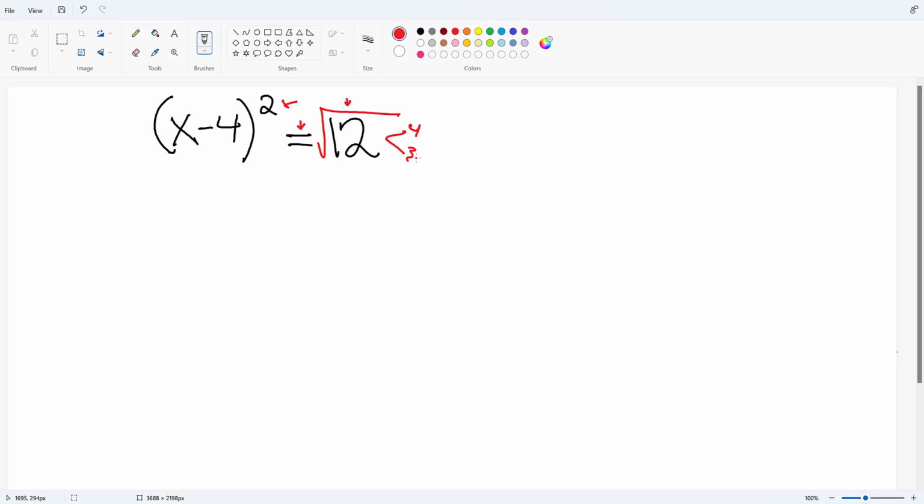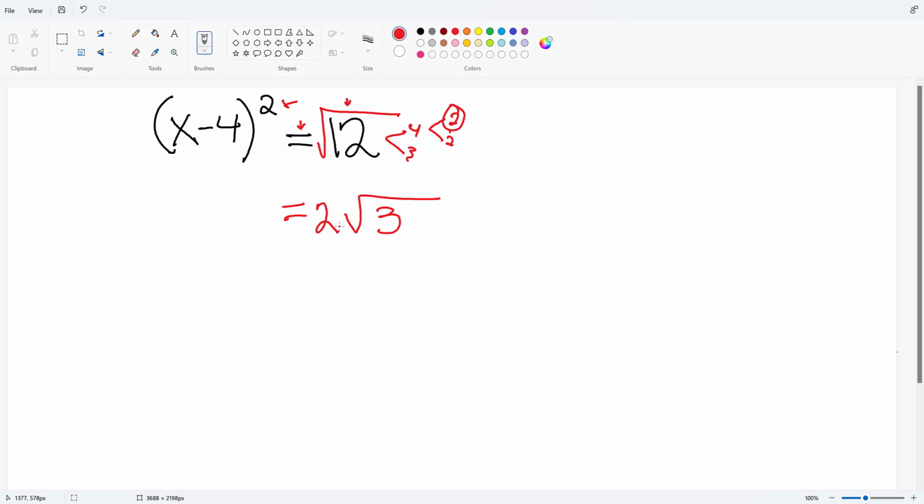The number that's not a perfect square goes on the inside, and the perfect square number goes on the outside, simplified further. They're going to want you to simplify it further. So 2 times 2 gives you 4, so that outside number is going to be 2.